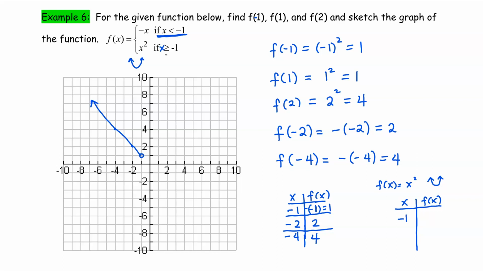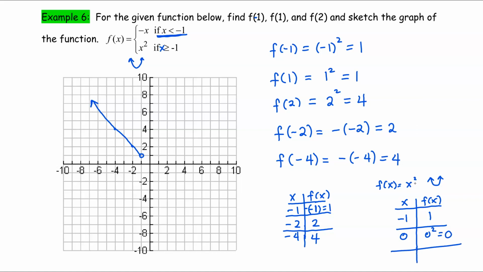So x equals -1. From this definition, we have seen that if x is -1, we would get y equal to 1. And then another point, well, we know that it will pass through 0 at the origin. So if x is 0, you plug it in here, 0 squared is equal to 0.